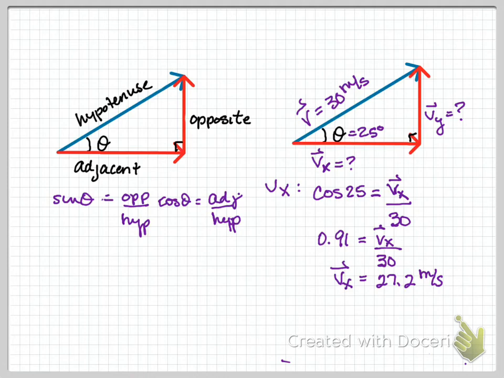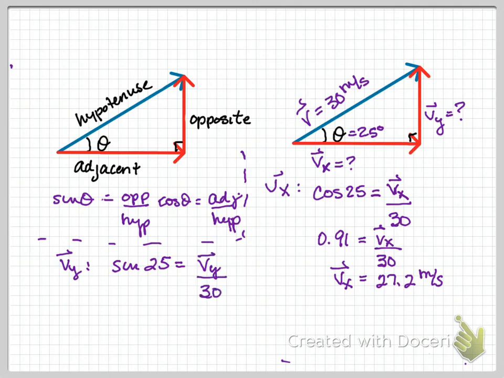And you're going to end up doing the same thing for Vy. So for Vy, we're going to have sine of 25, because it's the opposite side, is equal to the opposite, which is Vy, over the hypotenuse, which is 30.